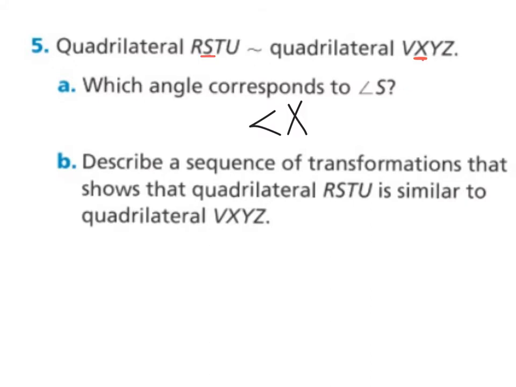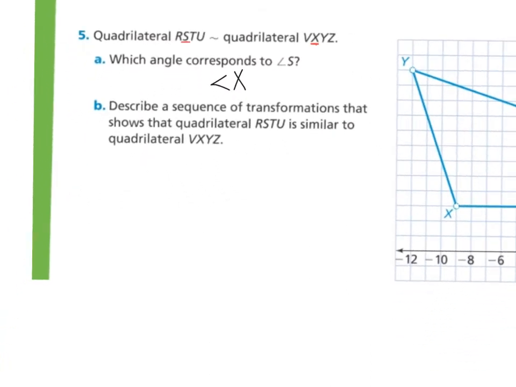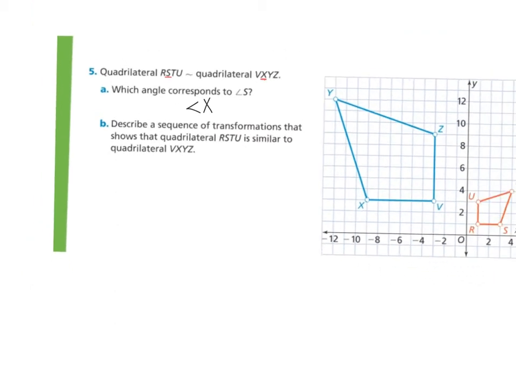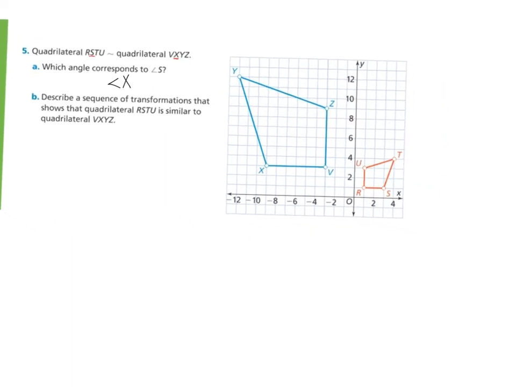And then if you look at B, it says describe a sequence of transformations that shows these are similar. Again, this is a little bit difficult to actually do, but we could talk about it otherwise.